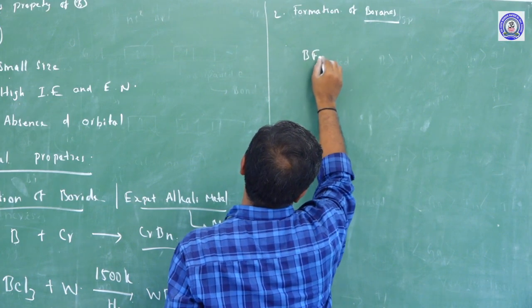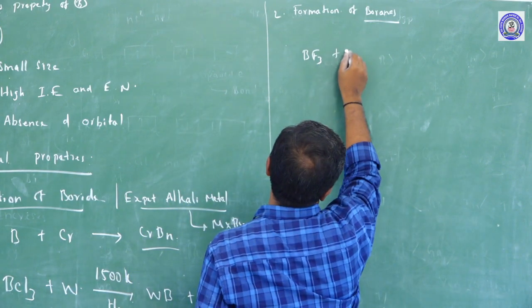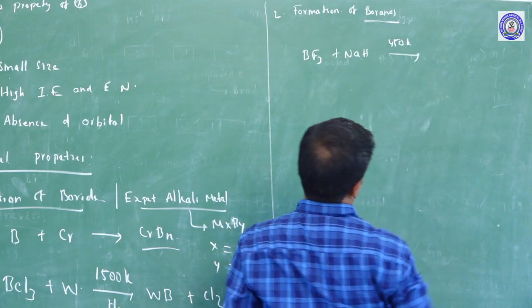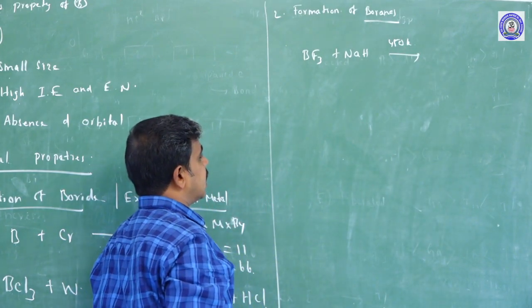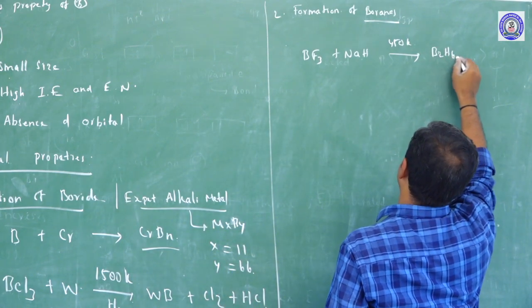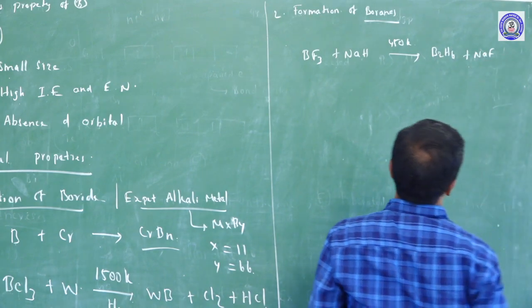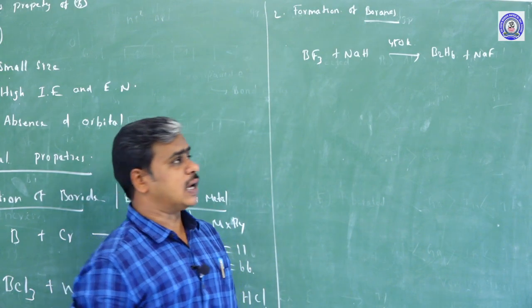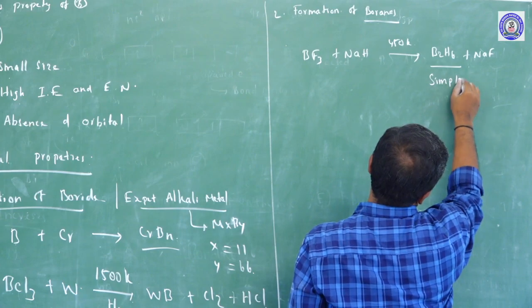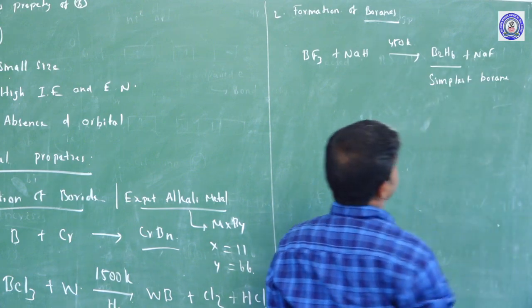So we take BF3, boron trifluoride. Boron trifluoride is treated with sodium hydride at 450 Kelvin. Then we get diborane, B2H6, and NaF. It is the simplest borane.